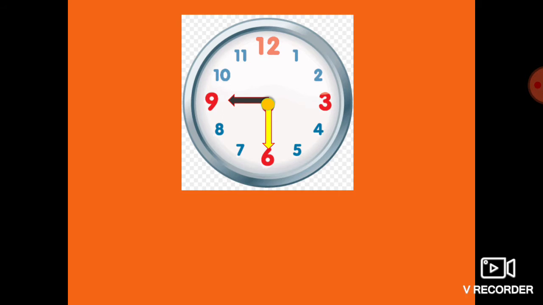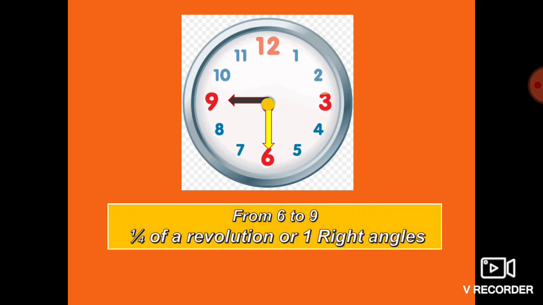So half of half revolution. That means from 6 to 9, 1 by 4 revolution or 1 right angle. When 1 right angle comes, you understand 1 by 4 of a revolution. When 2 right angles come, half of a revolution.